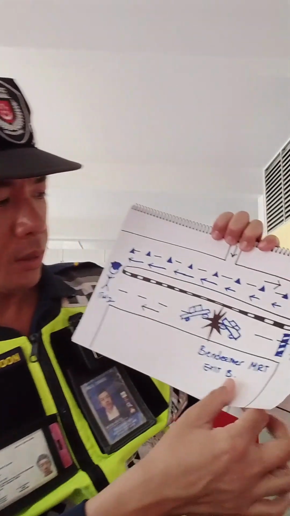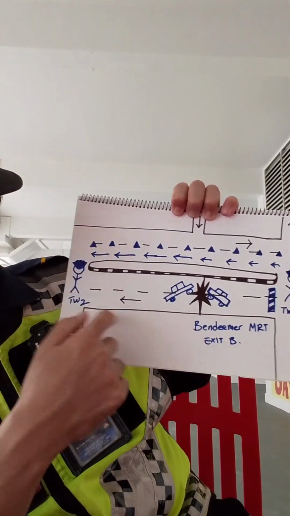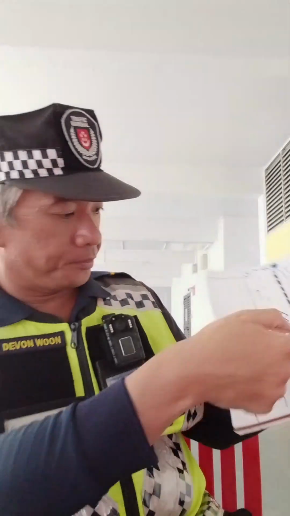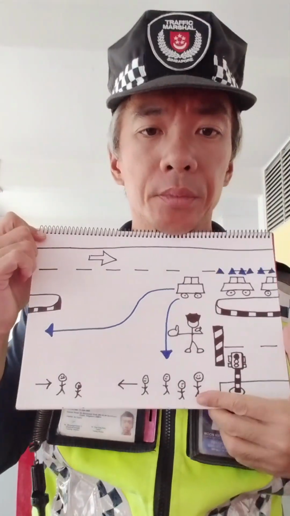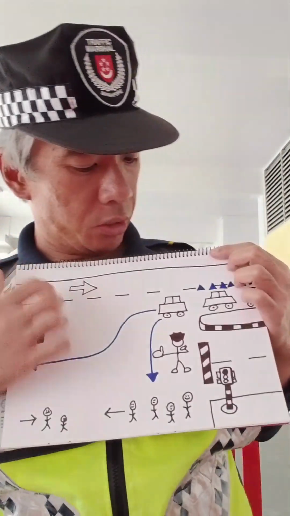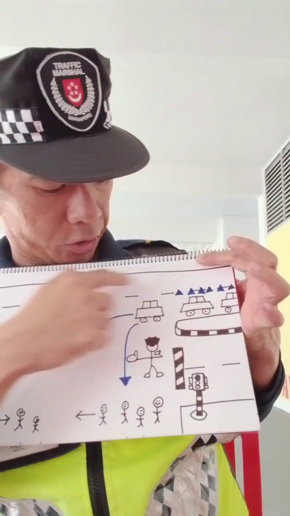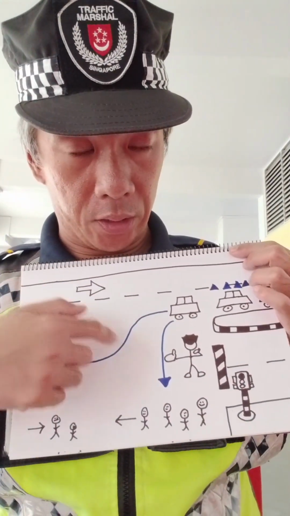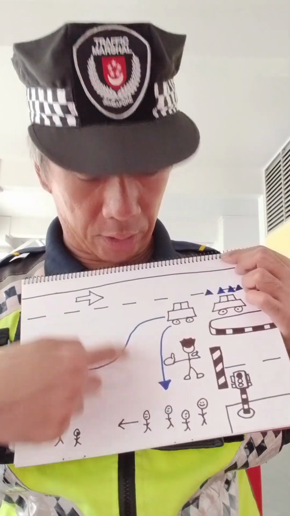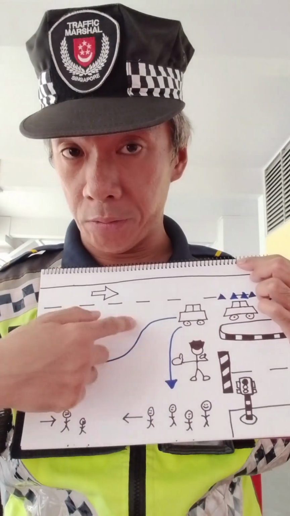Now, in front over here, what it looks like is like that. Can you see? So this is the original direction. This is the Kallang Bahru by Kallang Avenue T-intersection.